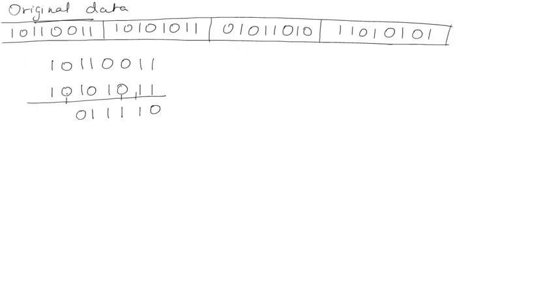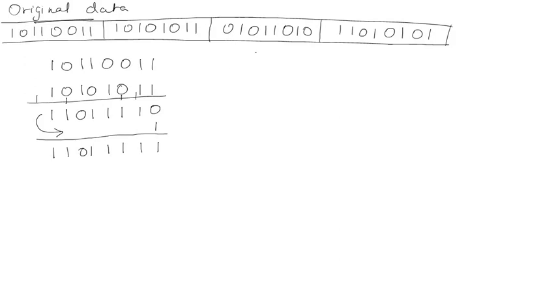Again 1 plus 0 plus 0 is 1. 1 plus 1 is 0 with a carry of 1. Now this carry we need to add again at this point. So adding both, we get 1 1 1 1 1 0 1 1.